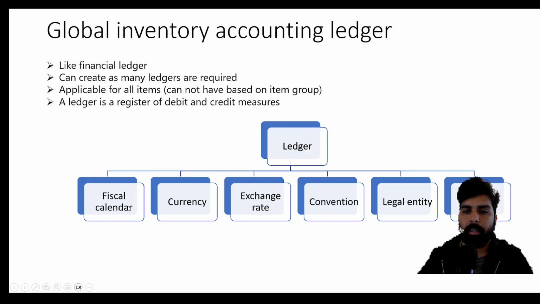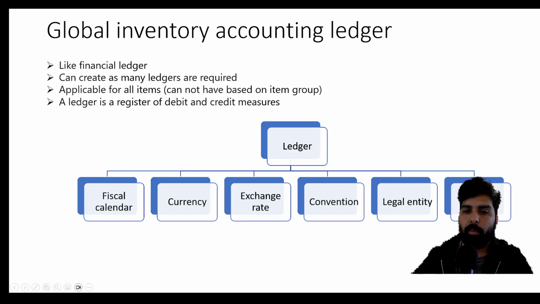The fiscal calendar is how you want to have your valuation defined, like your ledger calendar. You can have different currencies, in which currency you want to have this valuation. For exchange rate, you define on what exchange rate you want to value or convert this. Convention includes all four key components which we just spoke about, and then your legal entity, for which legal entity you want to do it, right?